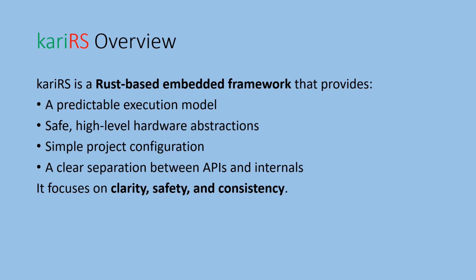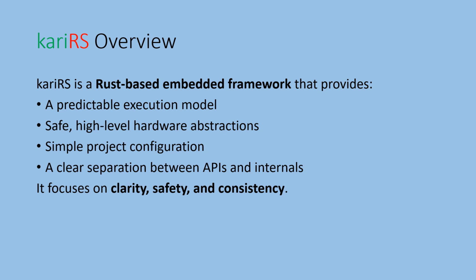When you look at kariRS, it is quite safe. It requires that a lot of things in kariRS are type checked. You have to explicitly say what type it is, for example, if it is a digital output pin or a digital input pin, you cannot initialize it as just an input.